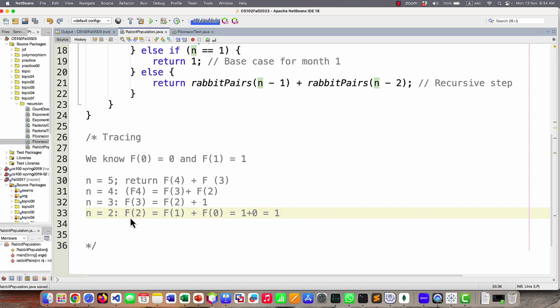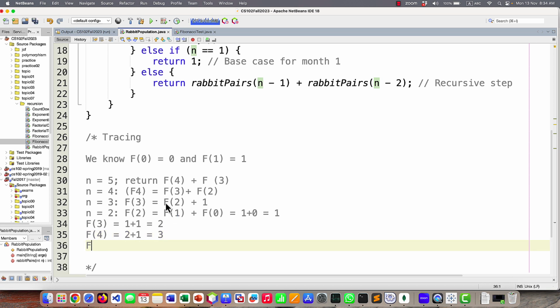Now, since we calculated F2, we can say F3 is equal to 1 plus 1 equals 2. Now I am able to calculate F4, which is 2 plus 1 equals 3. And finally, I can calculate F5, which is F4 plus F3, 3 plus 2 equals 5.